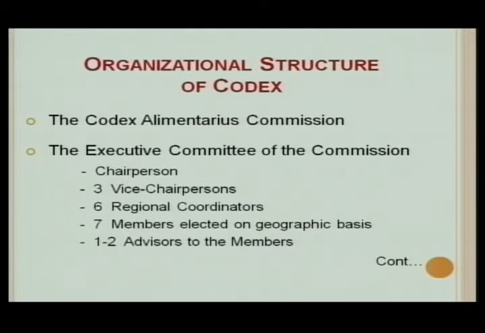But how does the entire work of standard setting take place? The work is carried out by the Codex Secretariat, which prepares the documentation and advises the chairpersons, and there are several activities carried out by the Codex Secretariat, which I will explain in one of the subsequent slides. Then there are Codex subsidiary bodies.